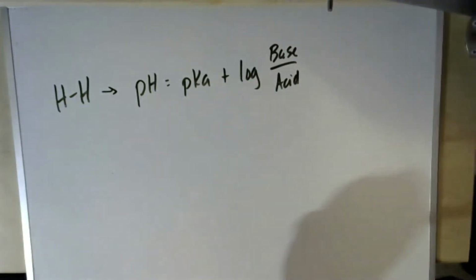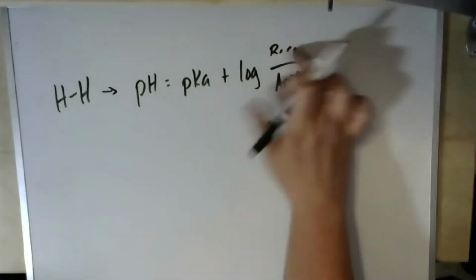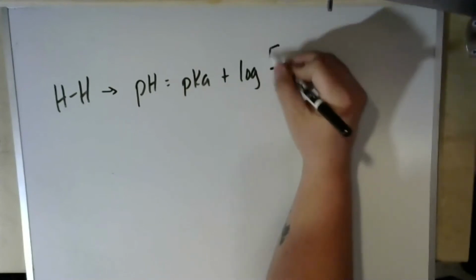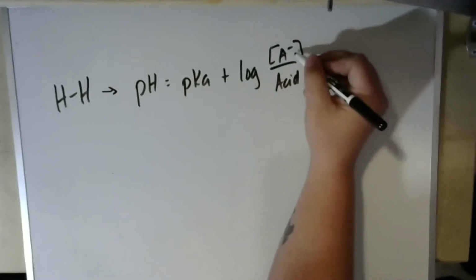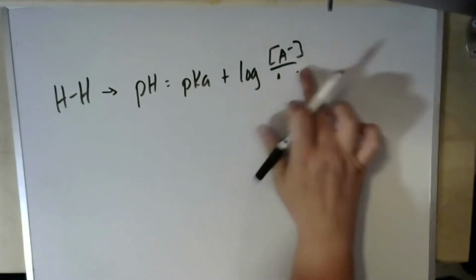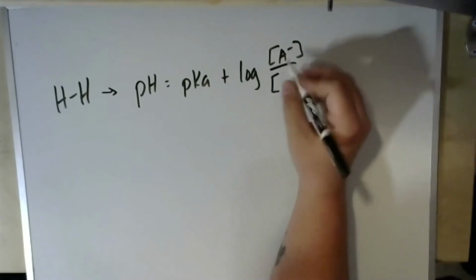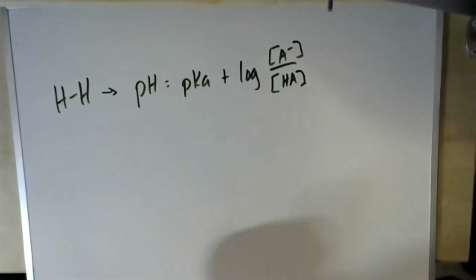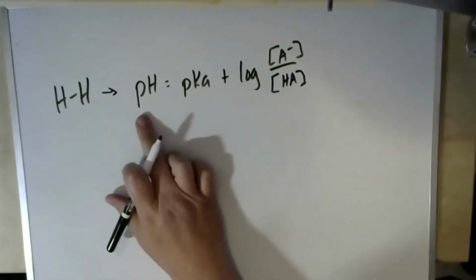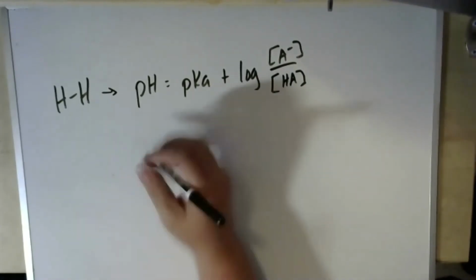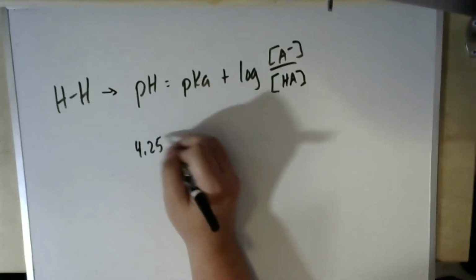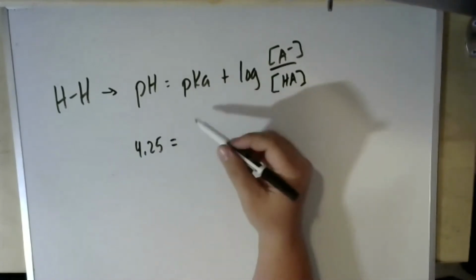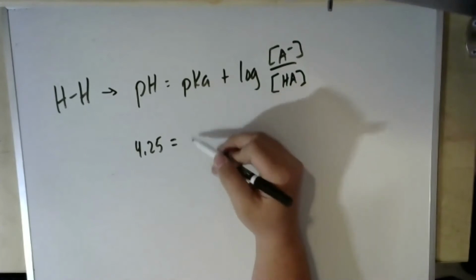Okay, so in this case, if we want to use the terminology that they're using in the question, the concentration of A minus would represent our base, and the concentration of our acid would be represented by HA. They told us the pH, they said it was going to be 4.25, and they said that the pKa is 4.82.